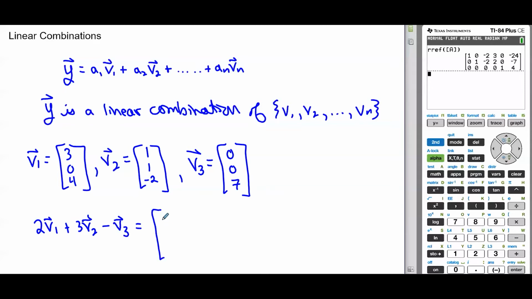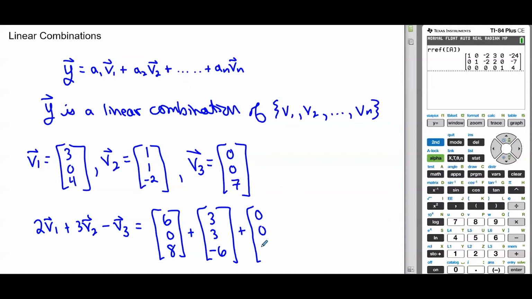So 2v1 would be 6, 0, 8. 3v2 is going to be 3, 3, negative 6. And then let's multiply the scalar of negative 1 here. Negative 1 v3 would be 0, 0, negative 7. And if I add those together, I get 9, 3, and looks like negative 5.